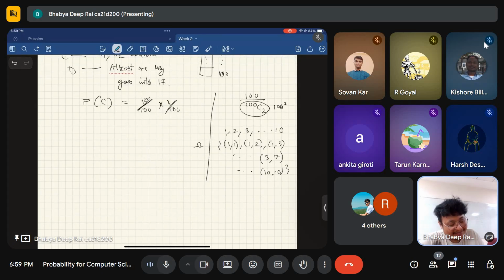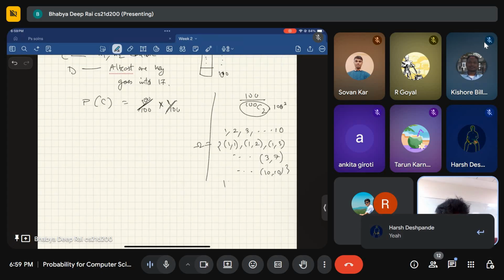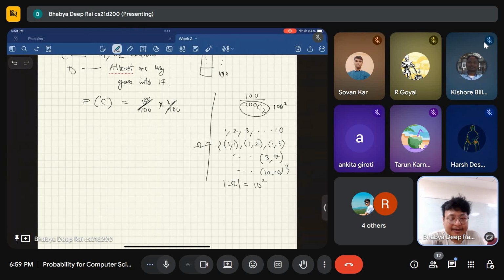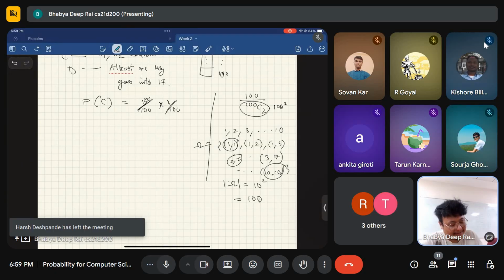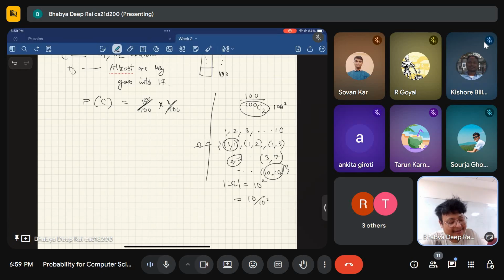So this is my omega sample space. What is the size of omega? It is the Cartesian product of 10 cross 10, which is 10 square, and out of which I am only interested in 1,1, 2,2, 3,3, and so on, which is 10 by 10 square. Equivalently here it will be 100 by 100 square, which is again 1 by 100.